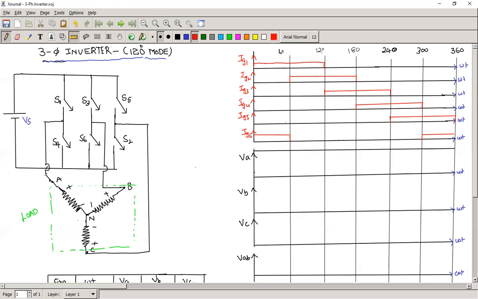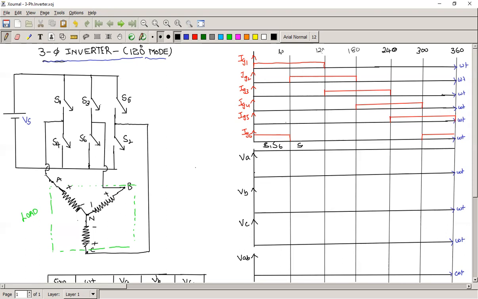See here, from 0 to 60 degrees, gate voltage is applied to S1 and S6, so S1, S6 are conducting.